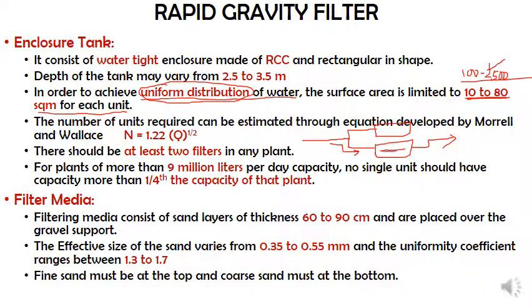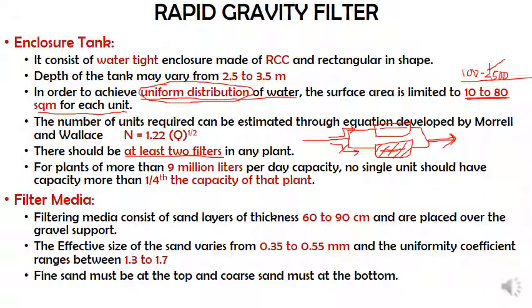But after a particular time, this unit needs to be cleaned, because of the formation of flocs or suspended particles that are held up here. At that point this unit can be stopped and the standby unit operated, so that we continuously have treatment in the plant. That's why there should be at least 2 filters in any plant. That is the recommendation we need to follow.